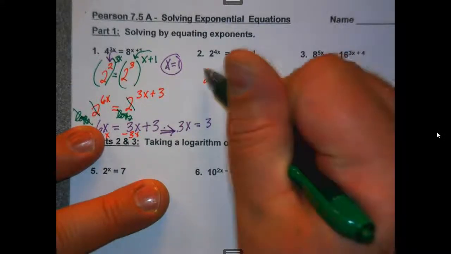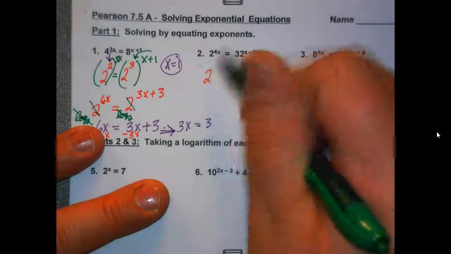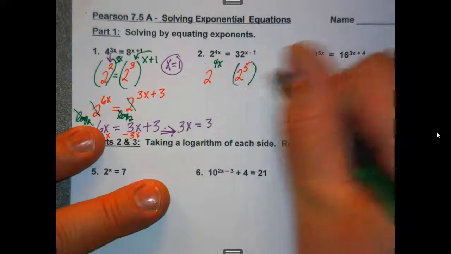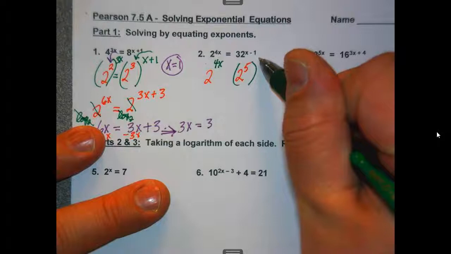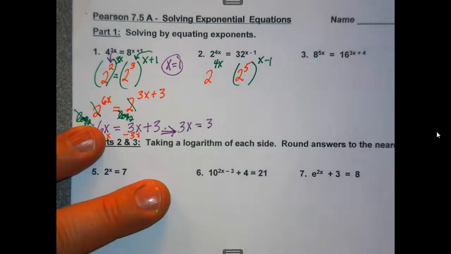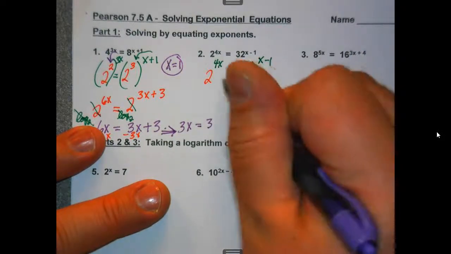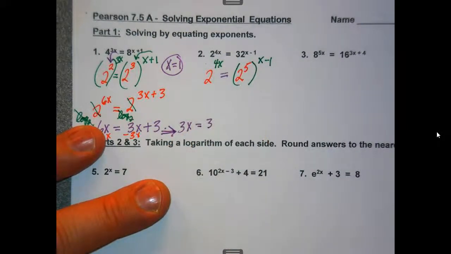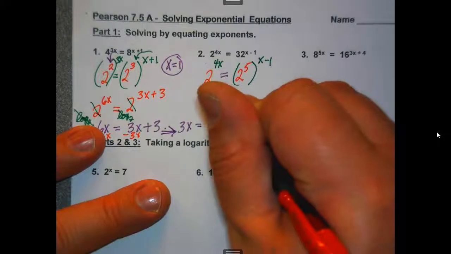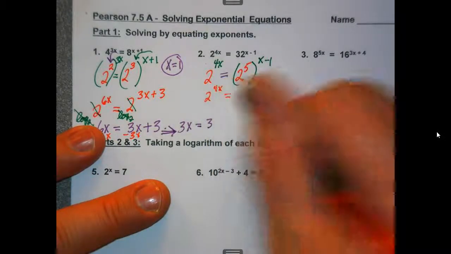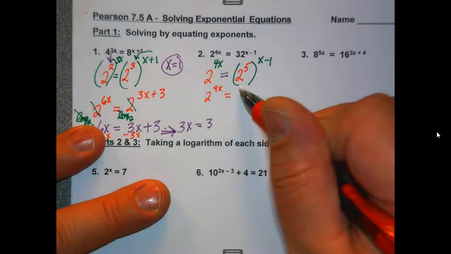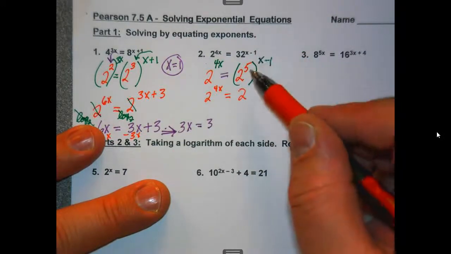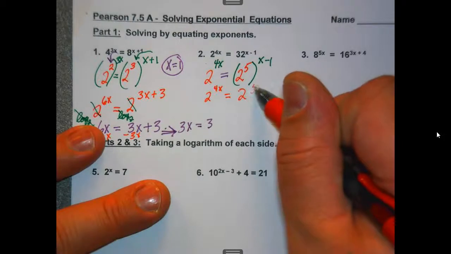Okay. All right, so we have this 2 to the 4x, and we have this 2 to the 5th to what? X minus 1. Good. Okay. These equal each other. Nothing I'm going to do here, right? I still have my 2 to the 4x. What about this side? Yeah. Distribute 5. What do I get? 5x minus 5.